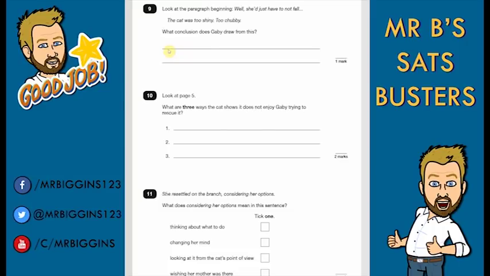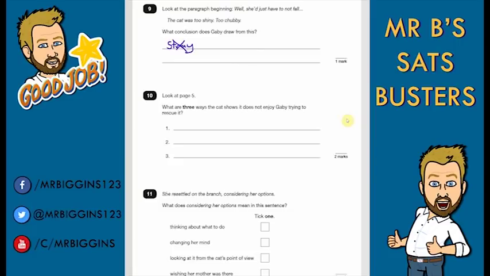And then later on, it says someone loved that cat, and that's what it's trying to tell us. It's trying to tell us that Gabby's realised that this cat isn't a stray. It belongs to someone. It's someone's cat. So you'd write a sentence saying the cat isn't a stray, or the cat belongs to someone. That would get us the 1 mark.